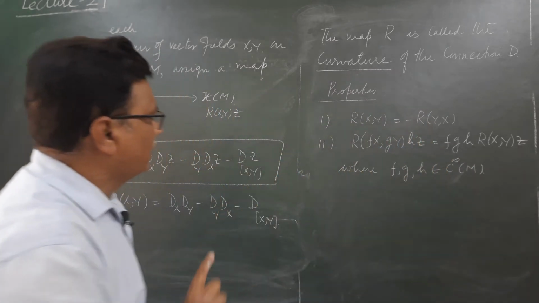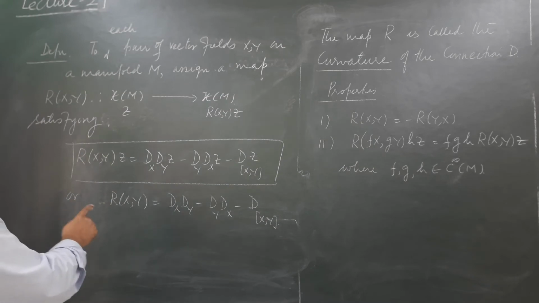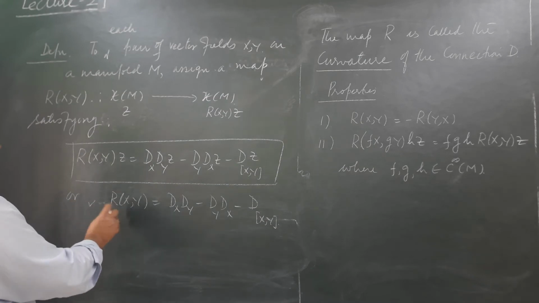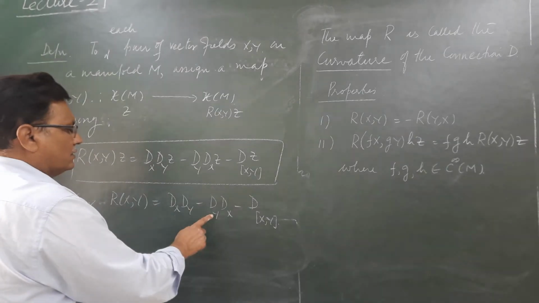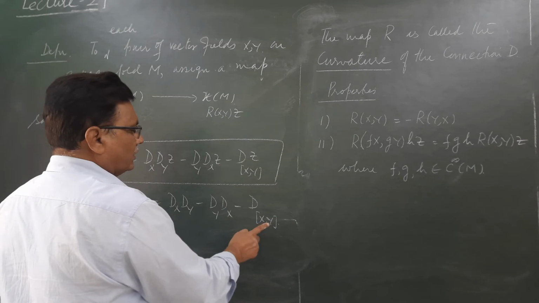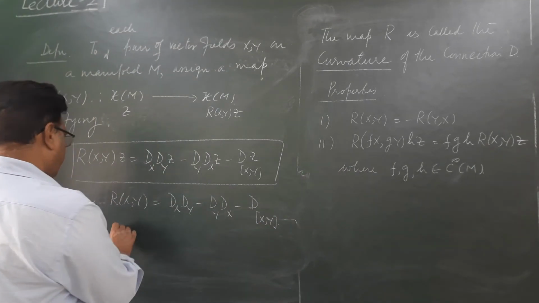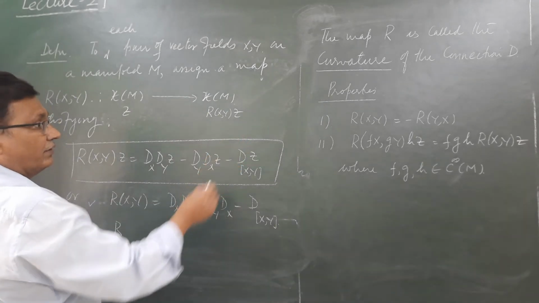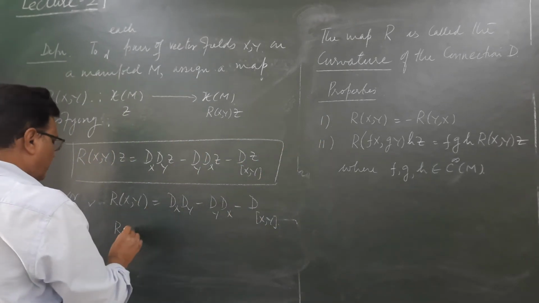The first property is easy to check because from here you can see that if you interchange x and y, this will become dy dx minus dx dy minus d of Lie bracket yx. So I am verifying the first property. Use this formula.